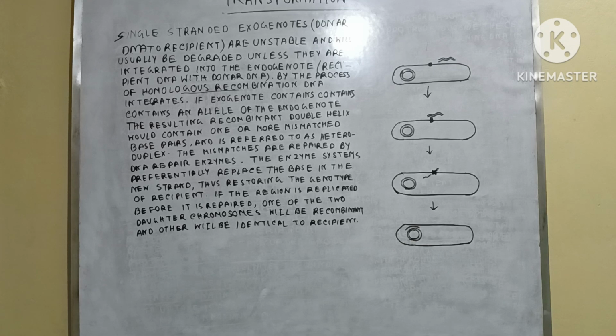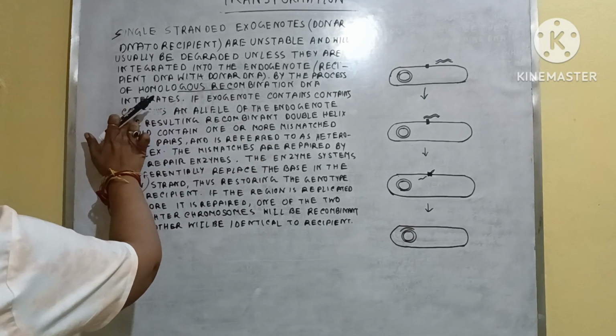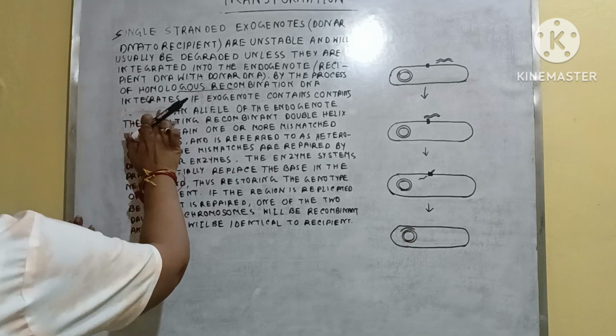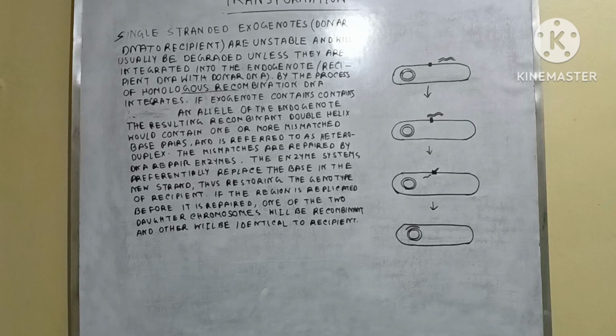And if the exogenote contains an allele of the endogenote, the resulting recombinant double helix would contain one or more mismatched base pairs. So what is happening here?